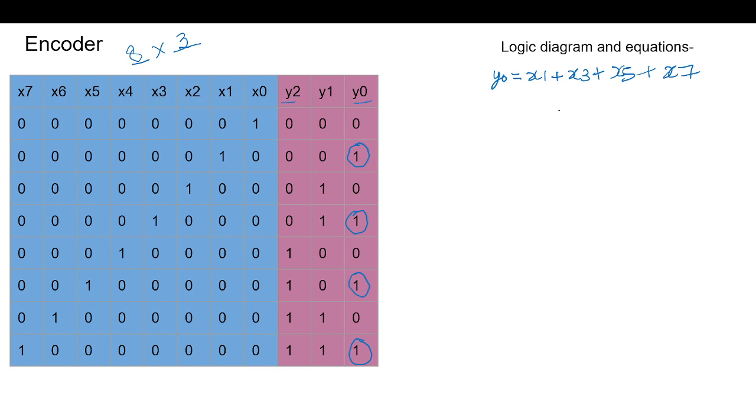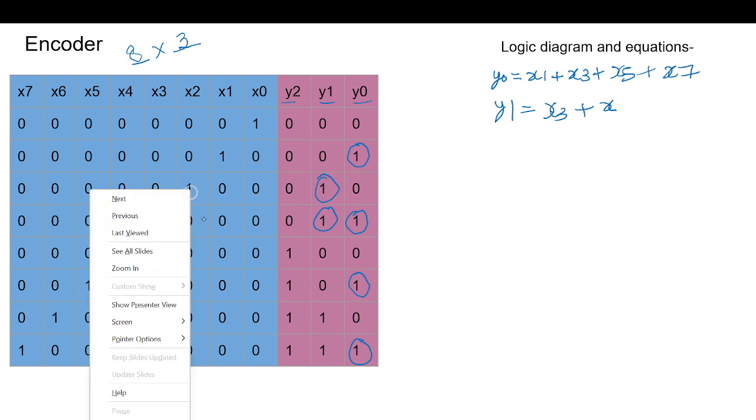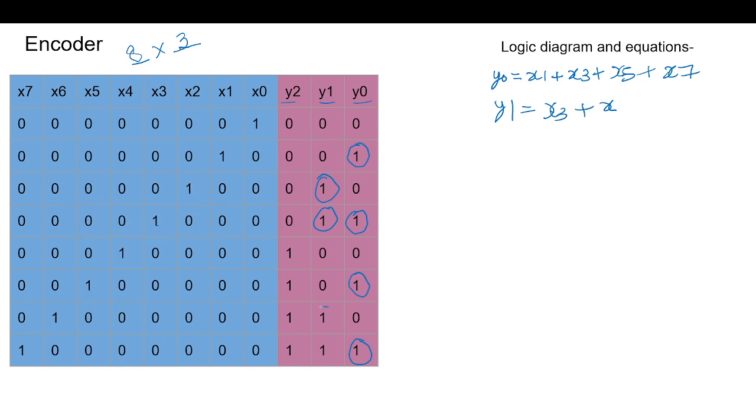And then the next, y1 is 1 when x2, x3, x6, x7, so this is x2, x3, x6 and x7.